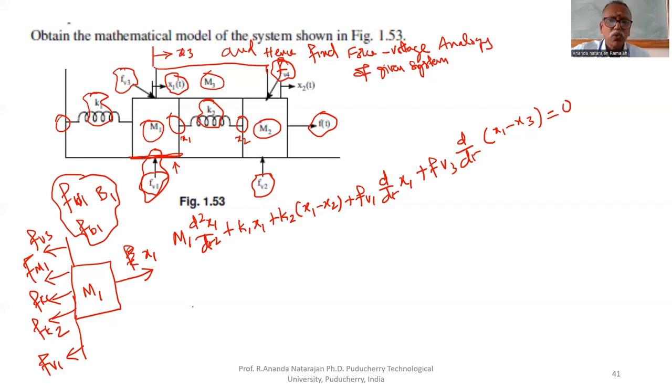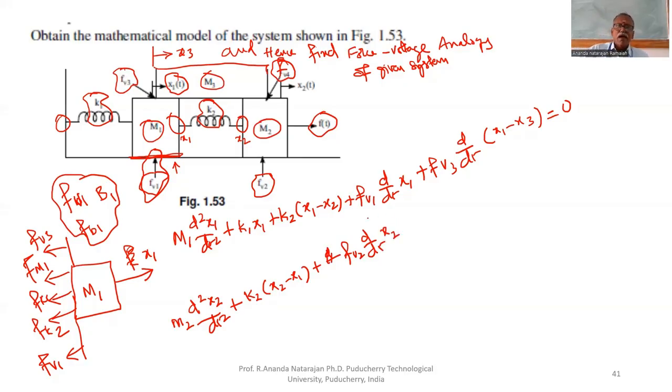Similarly, if you write for M2, M2 d square x2 by dt square plus because of K2, x2 minus x1, because of Fv2, d upon dt of x2, plus because of Fv4, d upon dt of x2 minus x3.